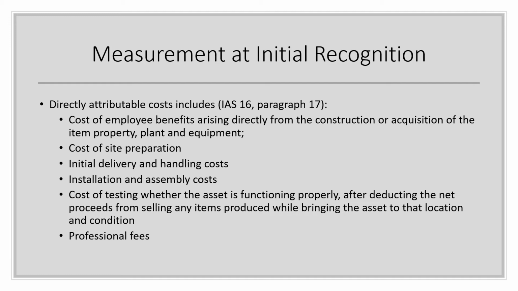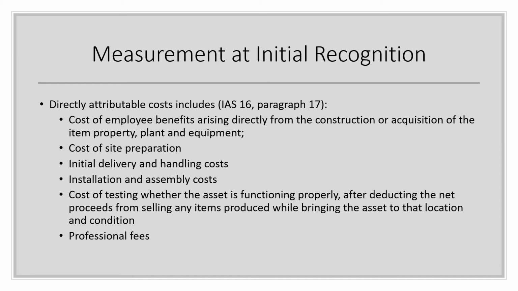Cost of site preparation. For example, there is a vacant land with tall grass. You need to clear the land first before you can construct your building. So that should be part of the property, plant, and equipment for the building itself. Initial delivery and handling costs, so freight in, for example.